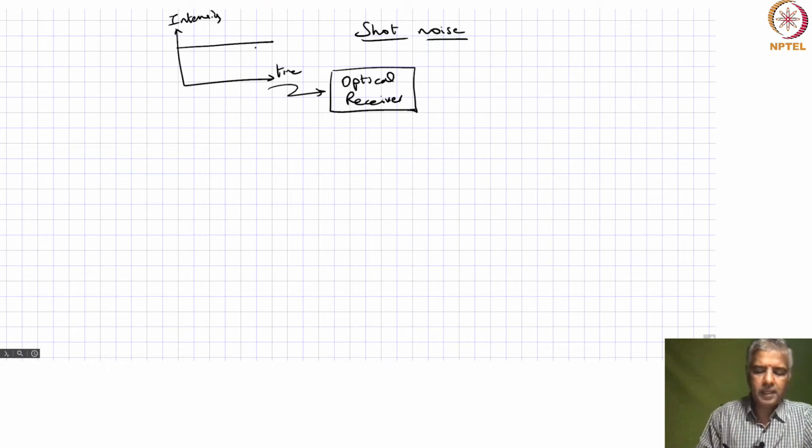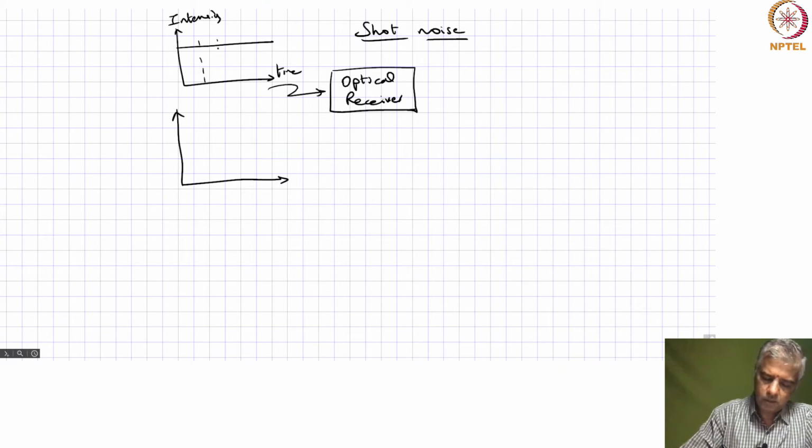But in reality, if you look at this from a photon picture, it is not. If you split this into certain time slots, it's not like you have a uniform number of photons coming within the time slot, especially when you go to time slots on the order of nanoseconds or picoseconds, where you get to observe only a few photons coming through.